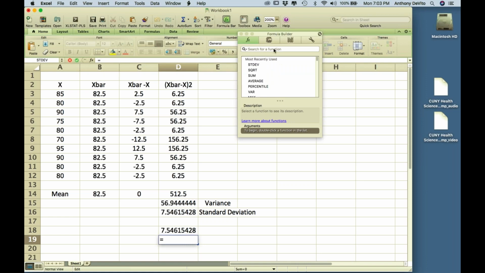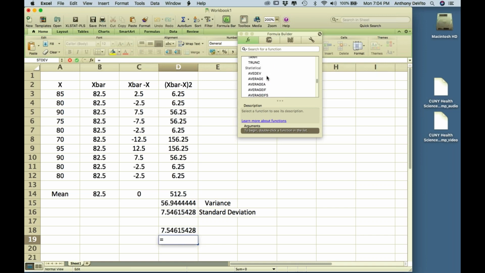Right now it's the most recently used ones. You could also see database functions, engineering functions, information functions, reference functions, sine, cosine, you name it.